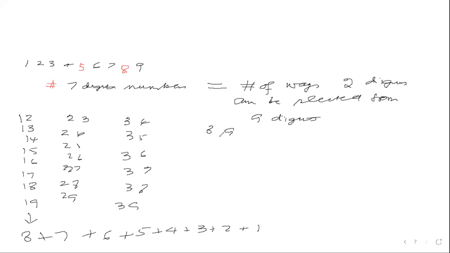That's the only way you can have an 8 in it. So that gives you the 1. So the total number of ways in which you can select 2 numbers from 9 numbers is all this. You can actually count them. And when you add up all these, you actually have 36. 10, 15, 21, 28, 36.